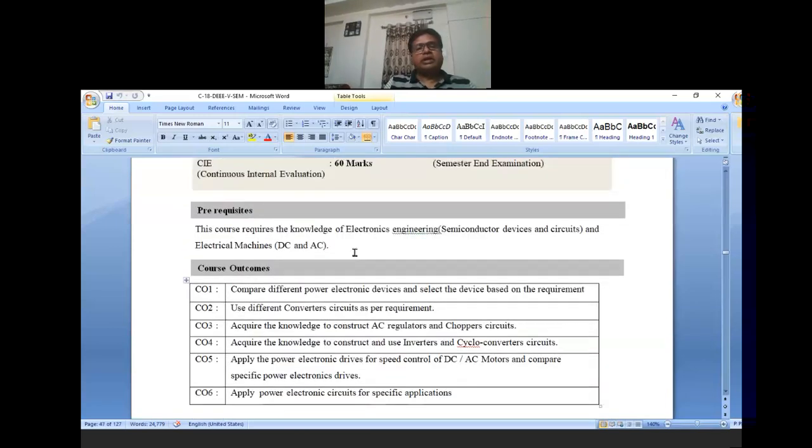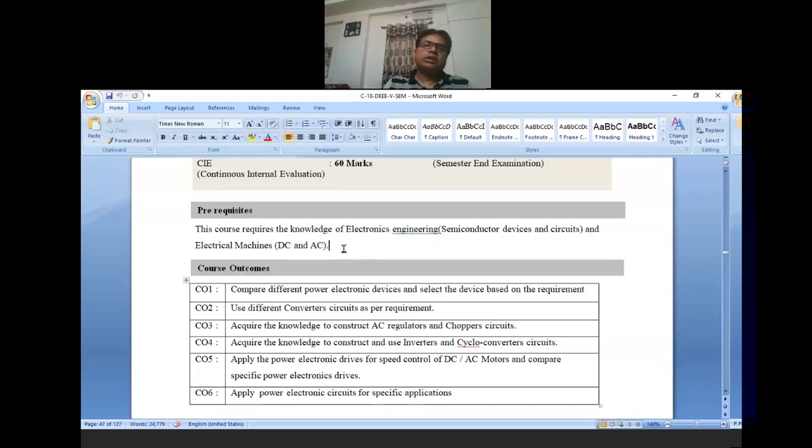And before actually entering into this subject, there are some prerequisite subjects which you have to understand. And obviously, you know that you have all the prerequisites, which are designated here, as this course requires the knowledge of electronics engineering, that is mainly semiconductor devices and circuits, and electrical machines, DC and AC. From the first semester onwards up to fourth semester, you have already studied various fundamentals of electrical circuits and then again electrical machines.